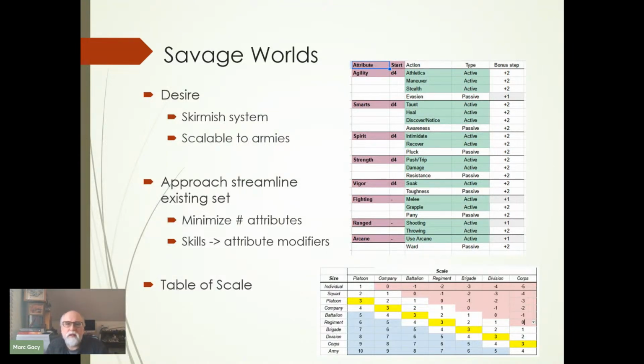So I felt, okay, if I went back and said, we just look at the attributes, and then a skill is simply a straight up modifier to the attribute. It uses the same names that Savage Worlds does, like athletics and stealth and heal and things like that. But basically you're doing the same effect. You're rolling a polyhedral die to get that effect, but it's done in a much simpler fashion.